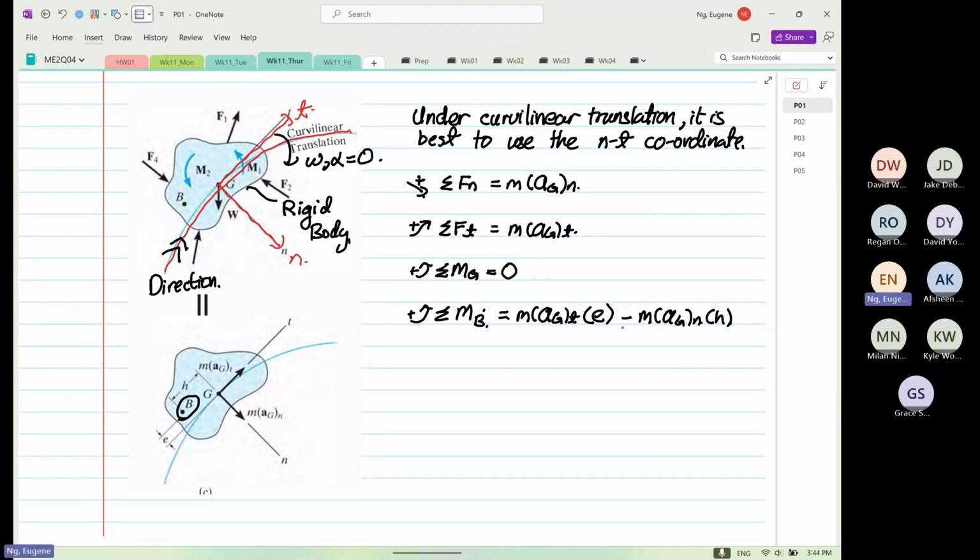The plus and the minus over here depend on the moment, whether it is rotating clockwise or counterclockwise.